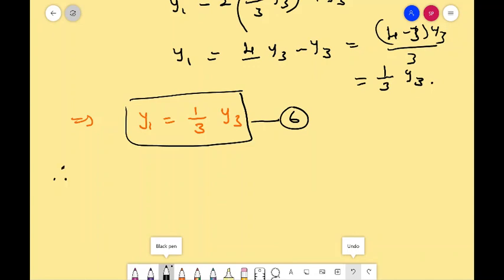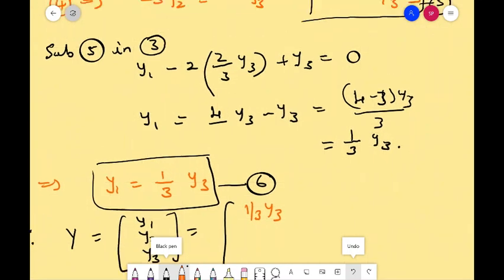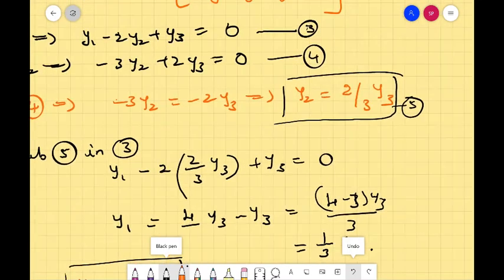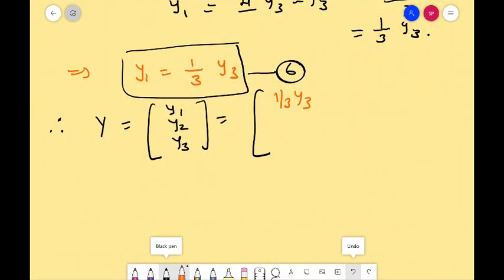Therefore we have the eigenvector y is equal to (y1, y2, y3), where y1 is 1 by 3 y3, y2 is 2 by 3 y3, and y3 is y3.